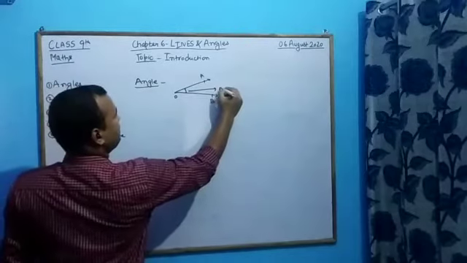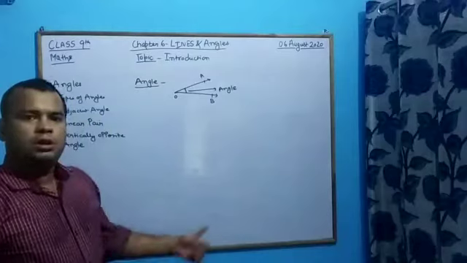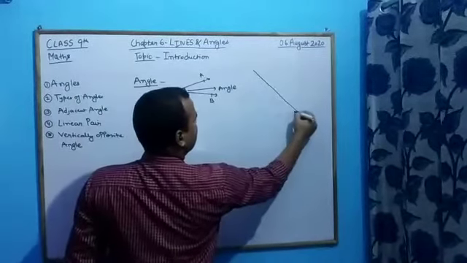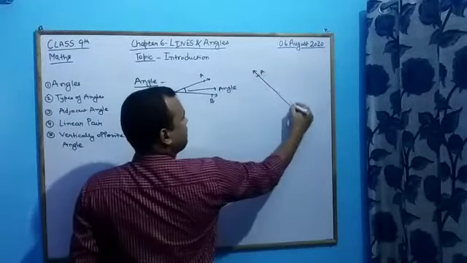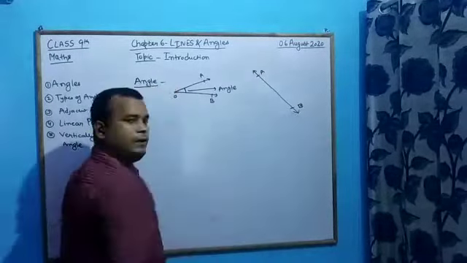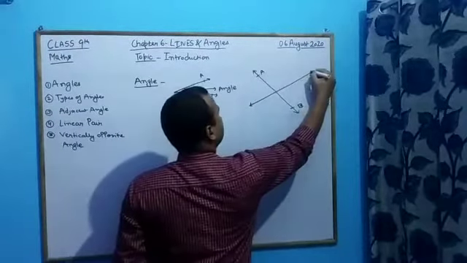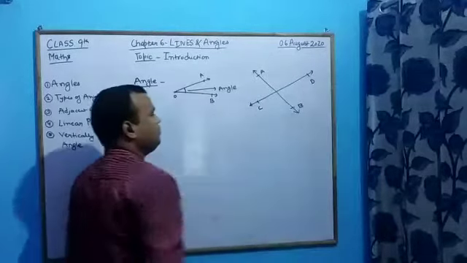This is an angle. Or when two lines cross each other, intersect each other, say this line be AB, and let us take another line and name it CD.